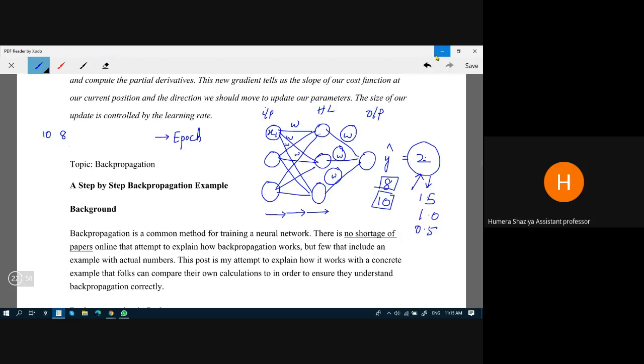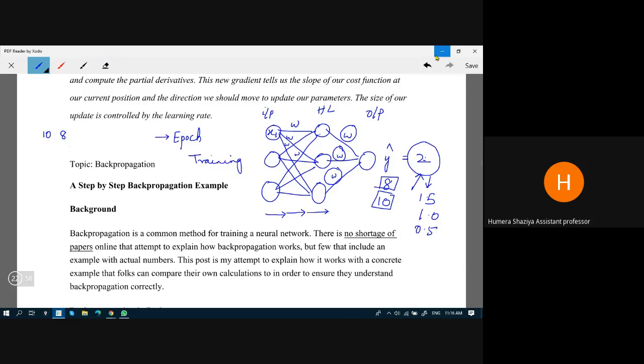When you completely cover all the samples, then it is known as one epoch. And this process is known as training.